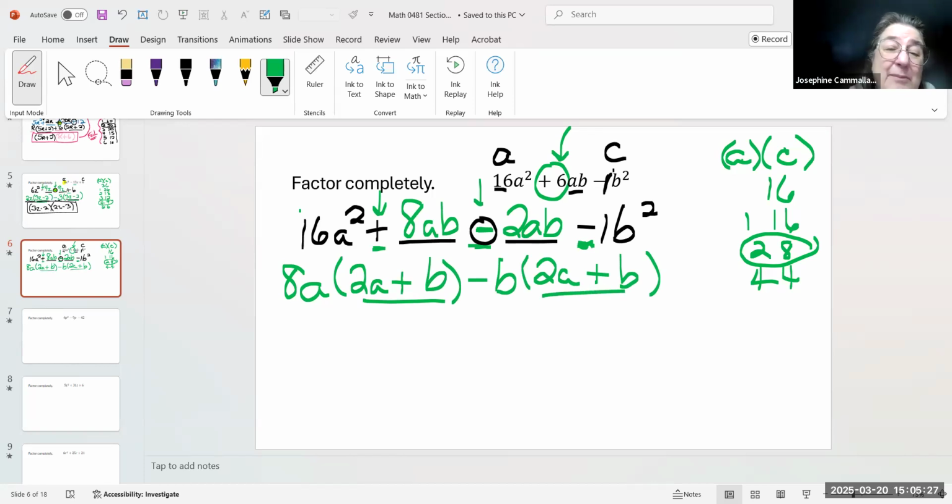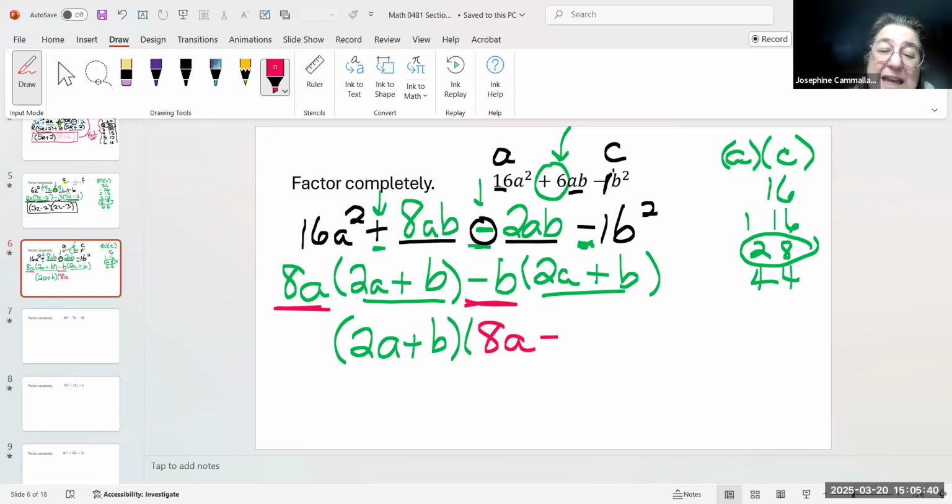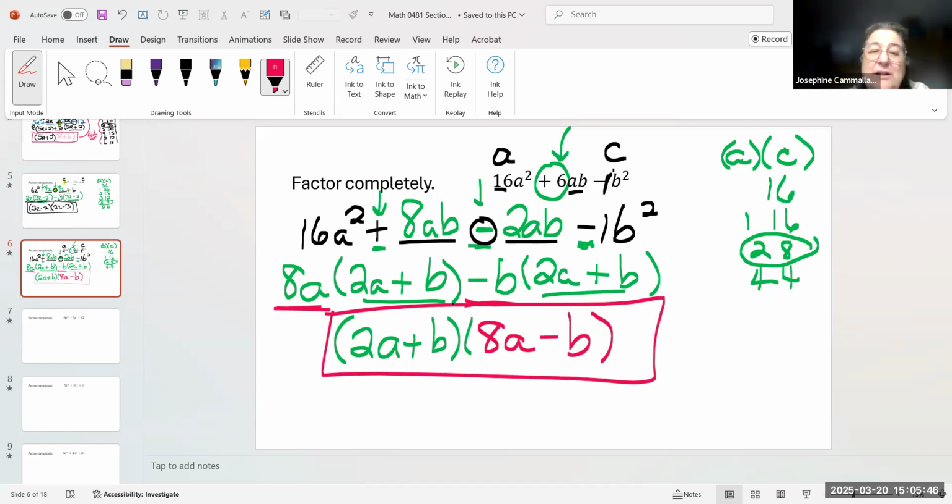These two are the same. 2A plus B. And what goes in my second parentheses? It's what's in front. 8A minus B. And again, if I FOIL, I'm going to get that when I finish. I'm going backwards. Okay?